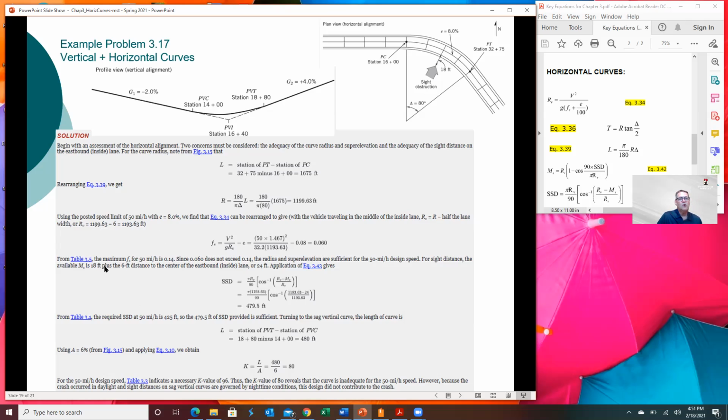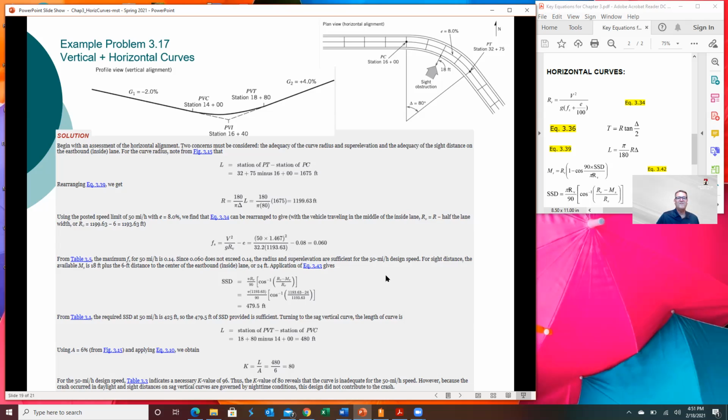And so you go back to table 3.5. The maximum side friction for 50 miles an hour is 0.14. Since the 0.06 does not exceed 0.14, the radius and super elevation are sufficient for the 50-mile-an-hour design speed, okay?